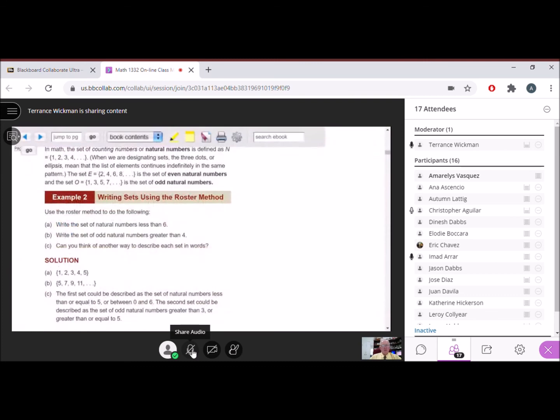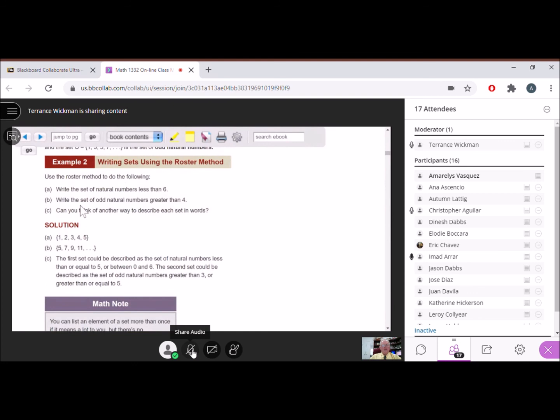The roster method. Write the set of natural numbers less than 6. Natural numbers do not include negative numbers. So it's 1, 2, 3, 4, 5, because it's less than 6. Now, write the set of odd natural numbers greater than 4.